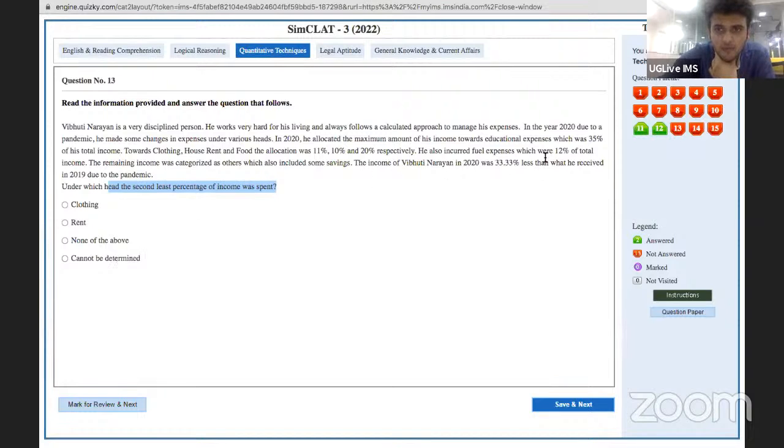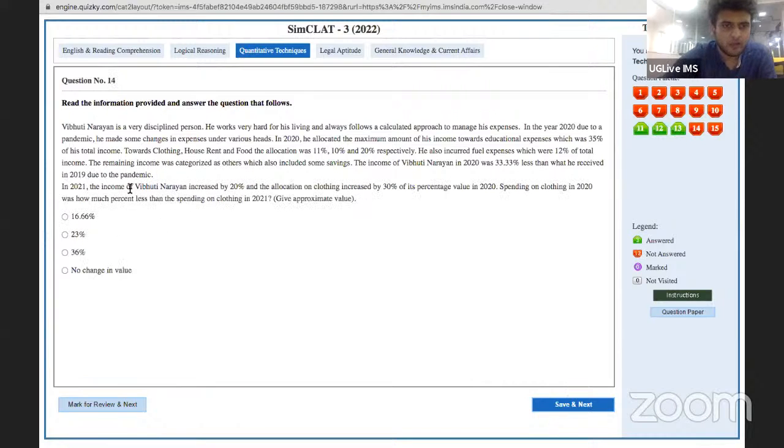Second least, ठीक है. तो 35% इसने इसमें invest किया. 11 प्लस 10 प्लस 20 कितना हो गया? 41. 41 और 35 कितना हो गया? 76. 76 और 12 मतलब 88. और remaining जो था it was included in some savings, ये लिखा हुआ है. तो इसमें तो cannot be determined हो जाएगा, क्योंकि some savings में क्या क्या आ रहा है ये मुझे कैसे पता, right. So this will be cannot be determined.